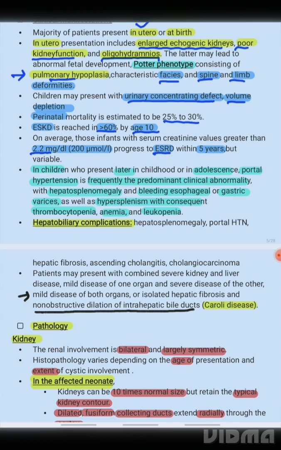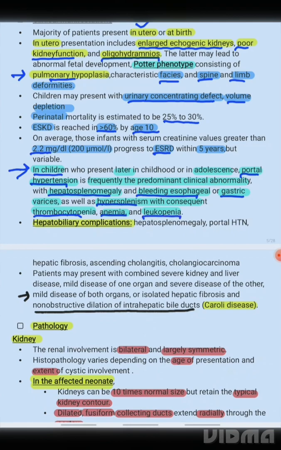In children who present later in childhood or adolescence, portal hypertension is a frequent presentation. Those presenting late have more liver complications compared to kidney. Kidney involvement is there, but the liver predominates. It presents with hepatosplenomegaly, bleeding diathesis, gastric varices, hypersplenism, thrombocytopenia, anemia, and leukopenia. So these are the complications.